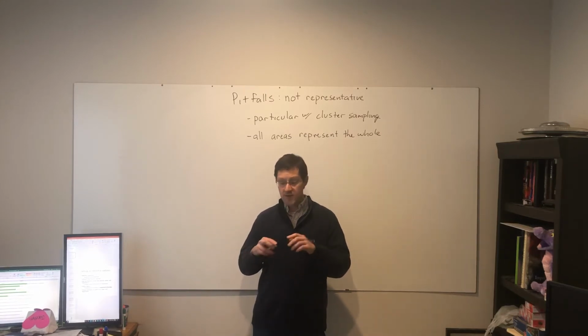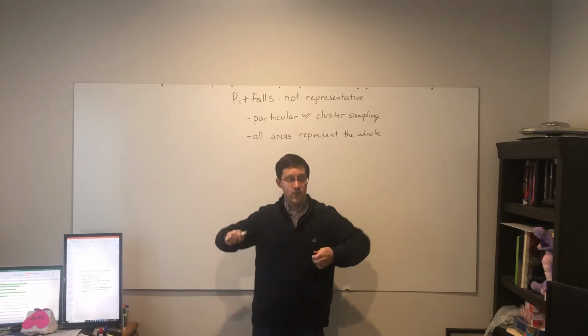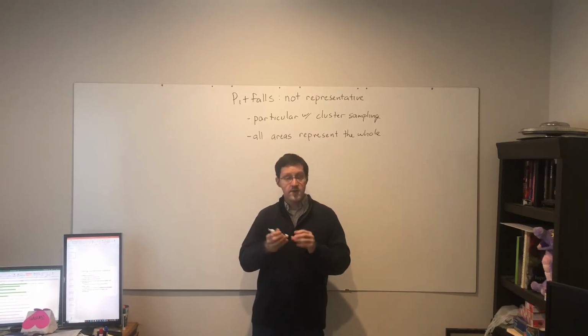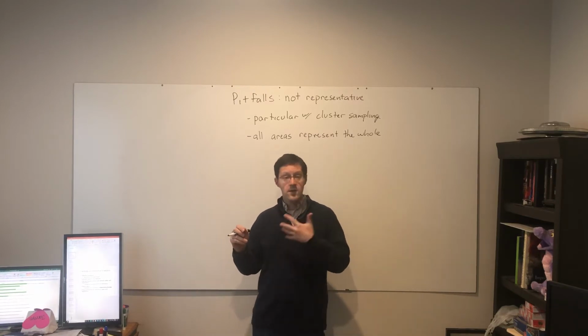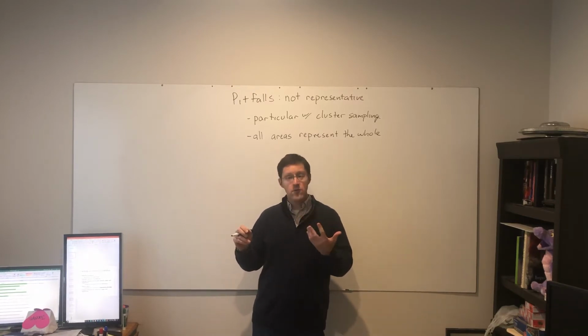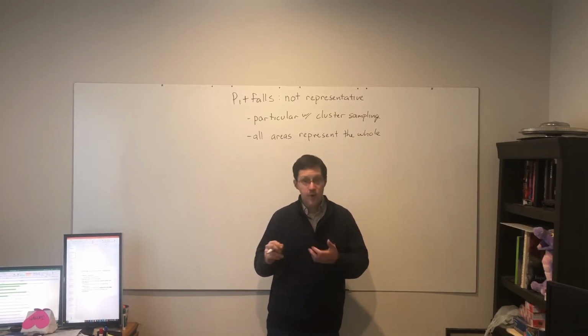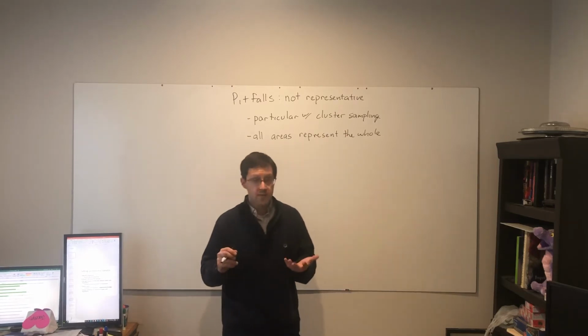This can then tie into a second problem, another problem that can be particularly bad if we don't have a good spatial sample, but it can show up even if we do have a representative sample.